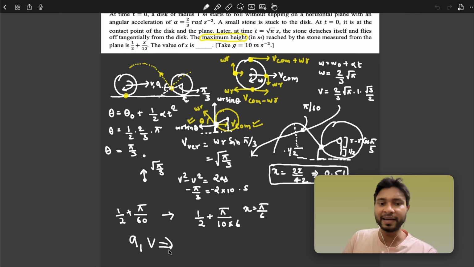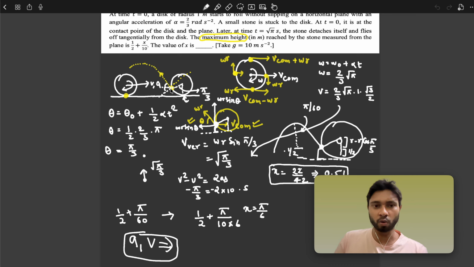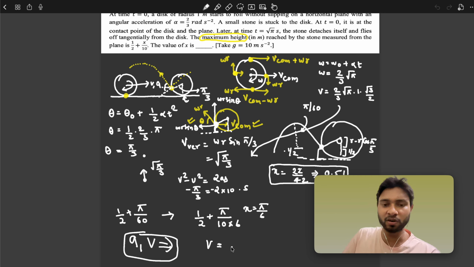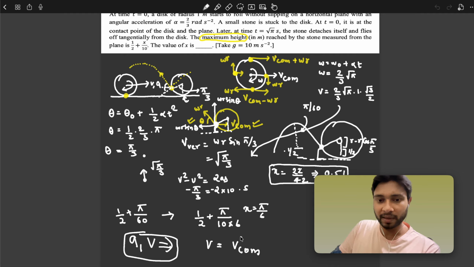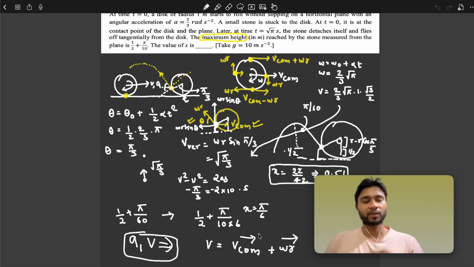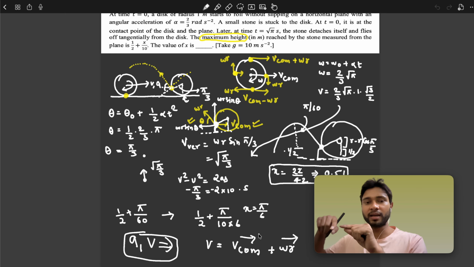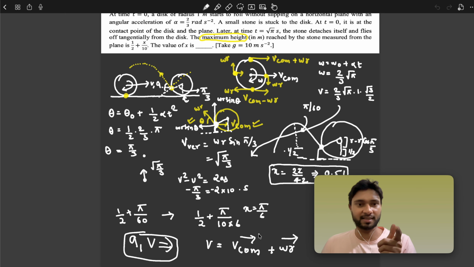It was completely independent of these two factors. We just had to take care of where the stone was and what its velocity would be. And this velocity was nothing but the vector addition of two things: the linear velocity of the center of mass plus the tangential velocity of the point, where this point was doing circular motion about the center of the disk.